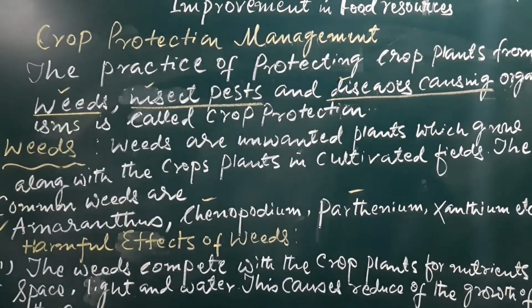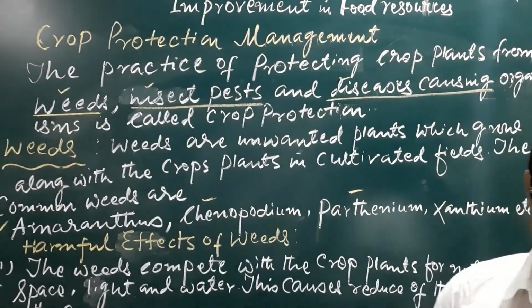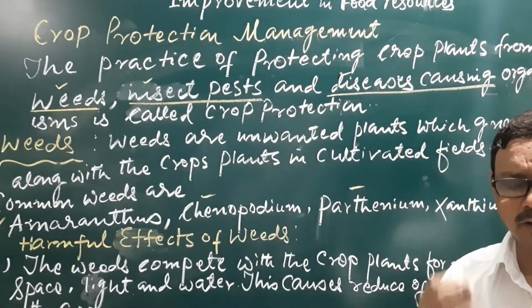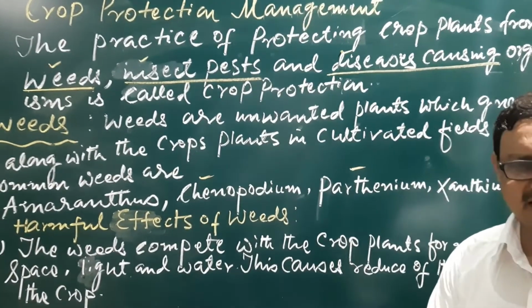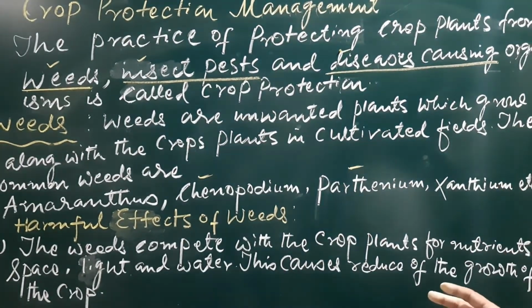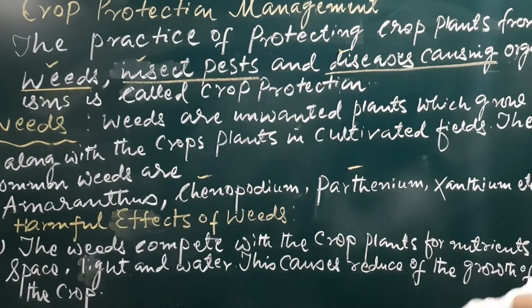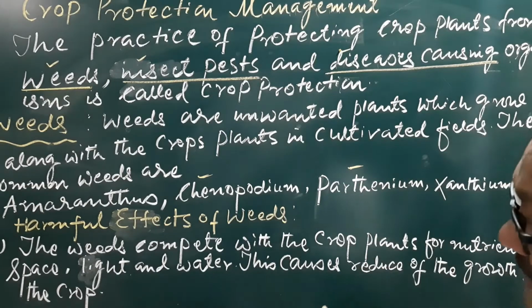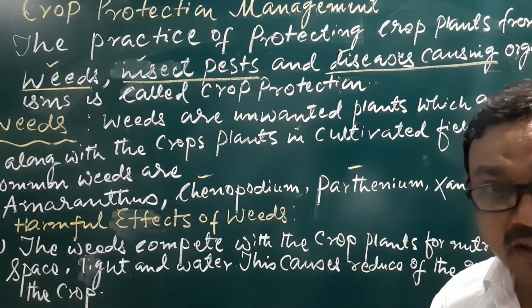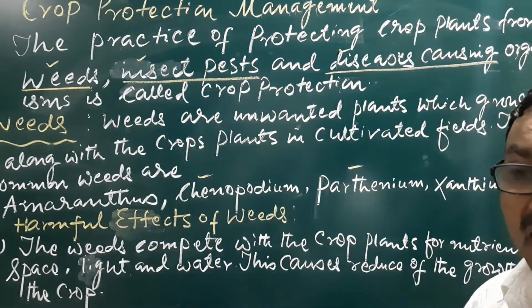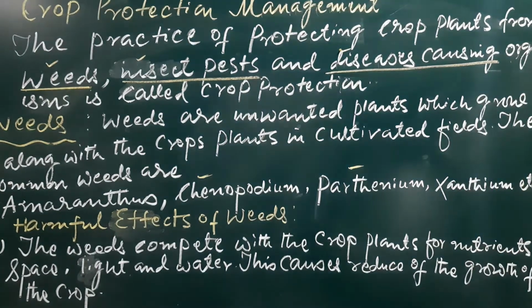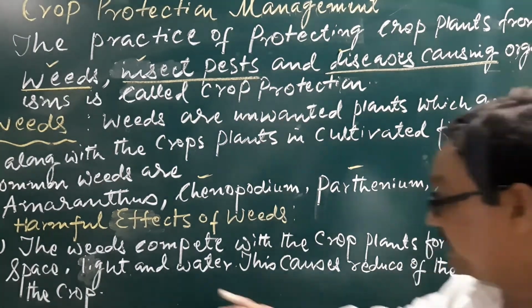And what are the harmful effects? It is very common, and you also understand it, that the farmers provide a specific space to grow a particular type of crop, and if in the same space, in the same field, other unwanted crops are growing on a large scale, then what will happen?